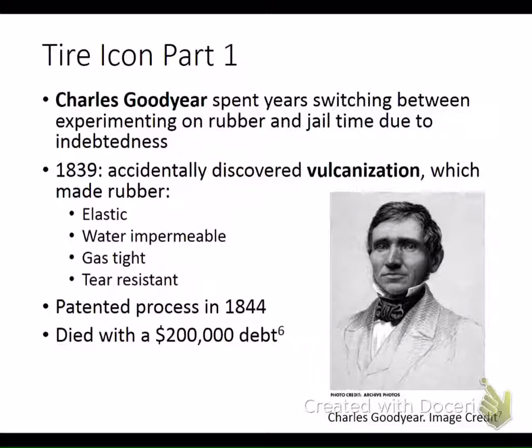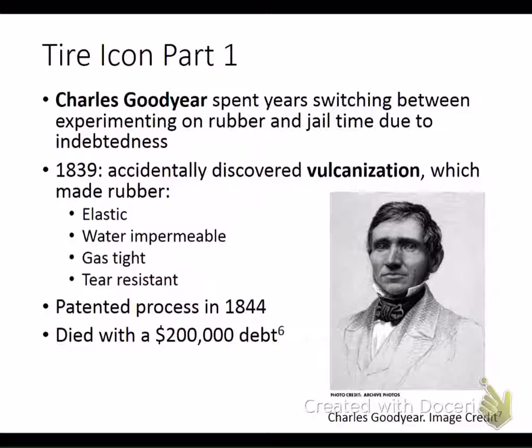And in 1839, when he was experimenting and trying to obtain a certain result, something else happened, and it's thought that he accidentally discovered vulcanization at that time, which changed the properties of rubber in a very positive way for our modern applications. It made the rubber elastic, water impermeable, gas tight, so it could hold gases inside, and tear resistant.